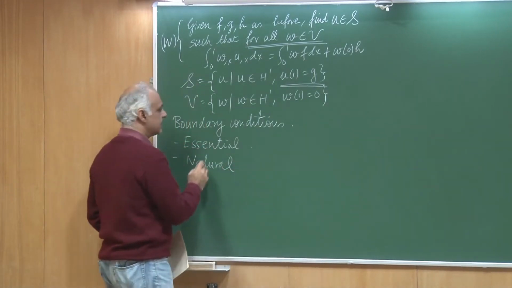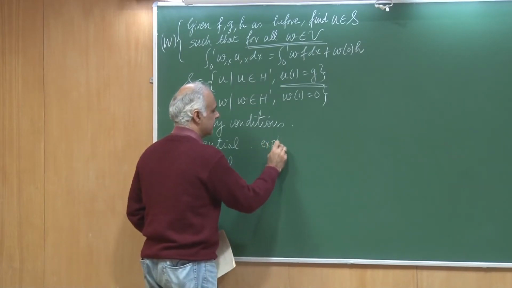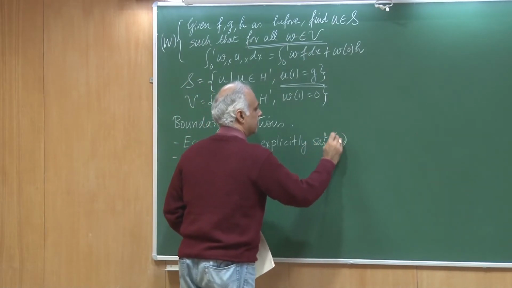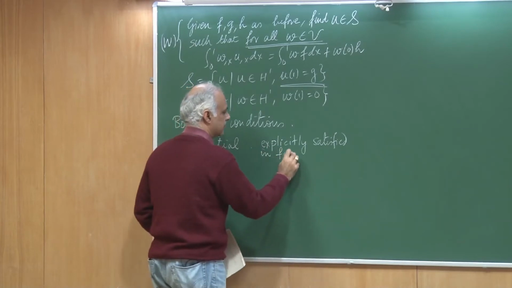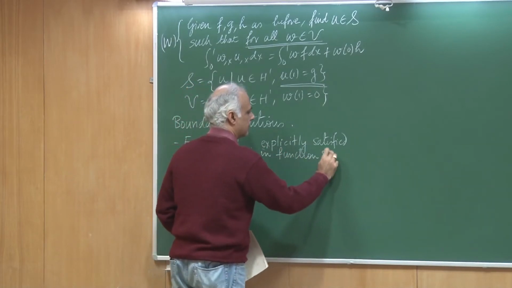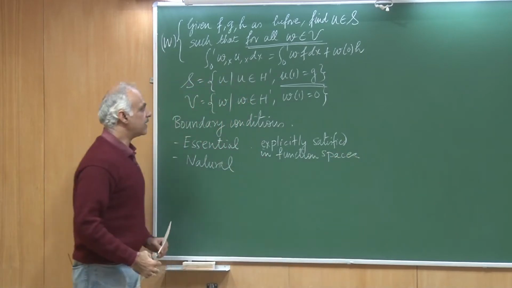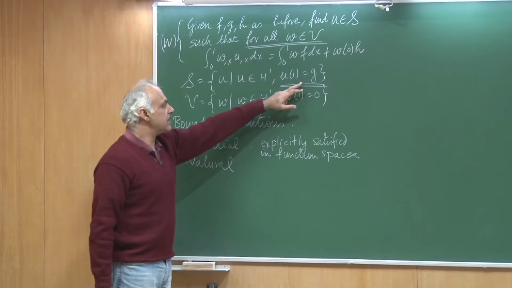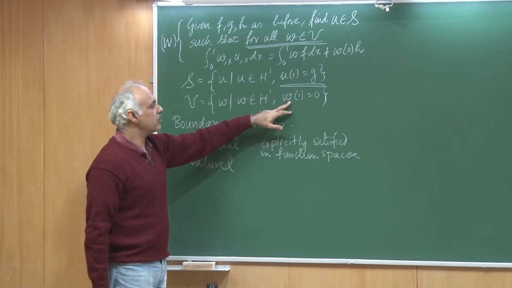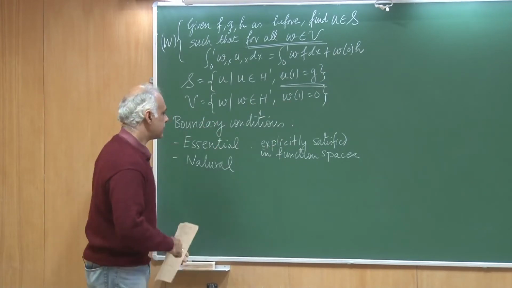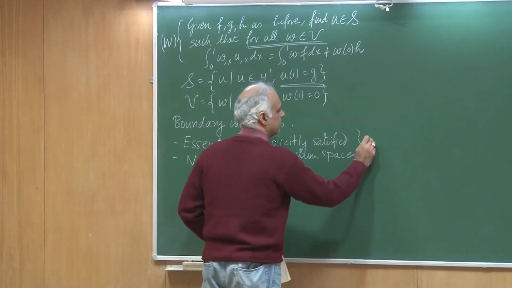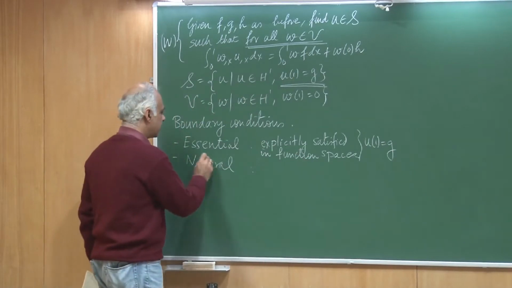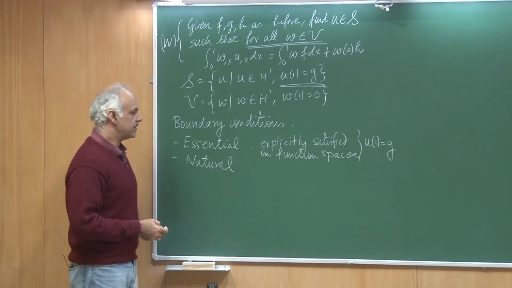The essential boundary conditions are explicitly satisfied in function spaces. So, you can see that u at x equal to 1 is G, this is explicitly stated, and likewise w has to satisfy the homogeneous version of it. So, I will give you an example, u(1) equal to G. On the other hand, the natural boundary condition is not explicitly satisfied.